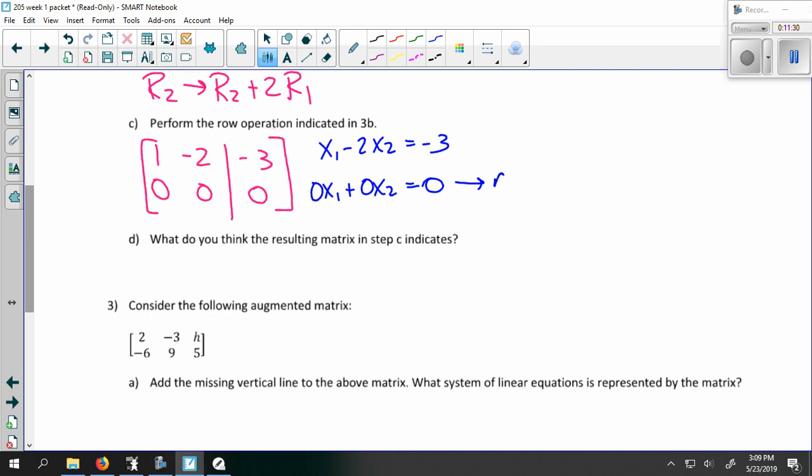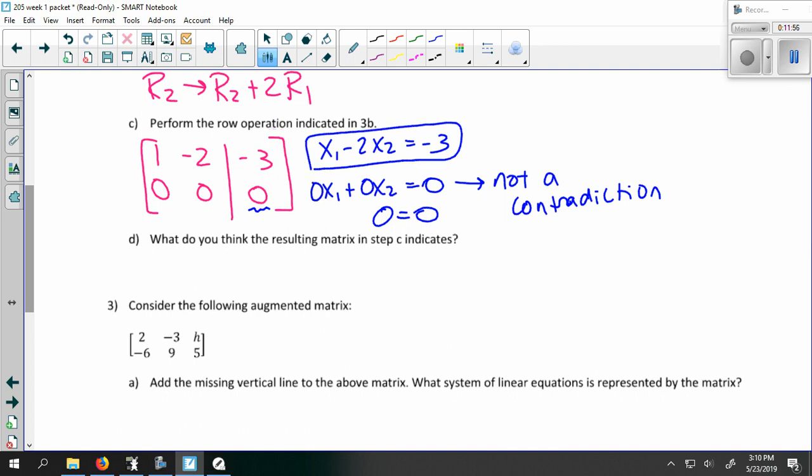This is not impossible, not a contradiction like it was before. What made it a contradiction before is that this number was not 0, so I got 0 equals a number. Now I have 0 equals 0. That's totally fine, that's true. So what I have here is infinite solutions. Any x1 and x2 that satisfies this first equation is a solution.